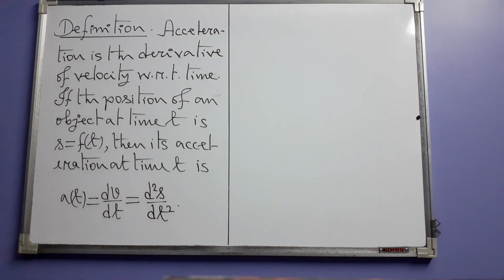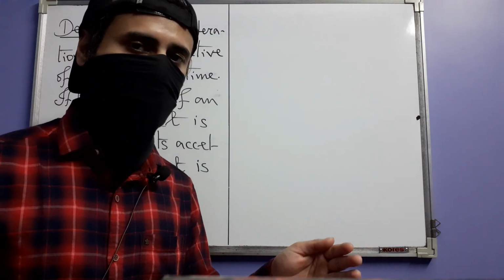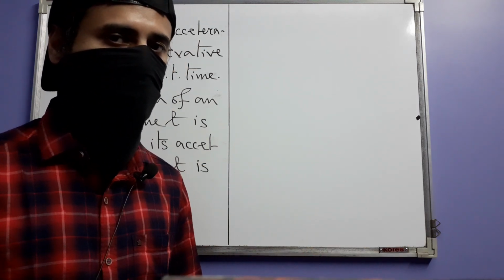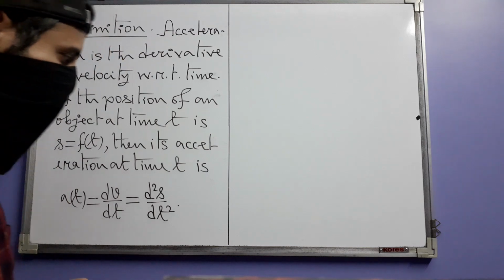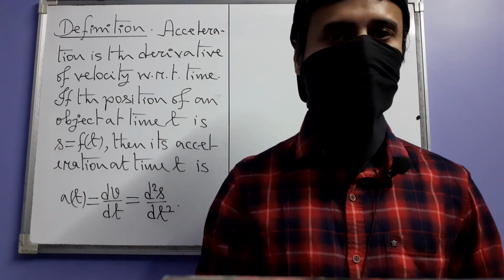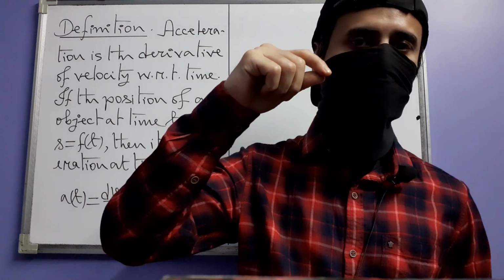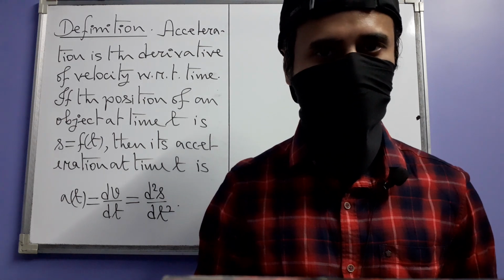dt squared. Now in general, acceleration is a function of time because at different instants of time during the motion of a body, it can have different acceleration values. However, you may remember that in the beginning of chapter 1, the authors mentioned that near the surface of Earth, all objects fall with the same constant acceleration.